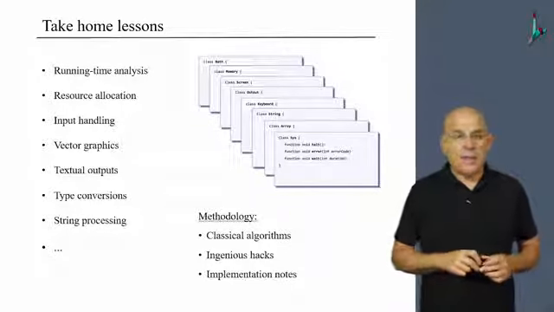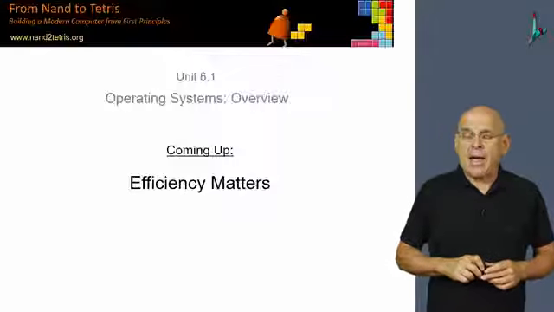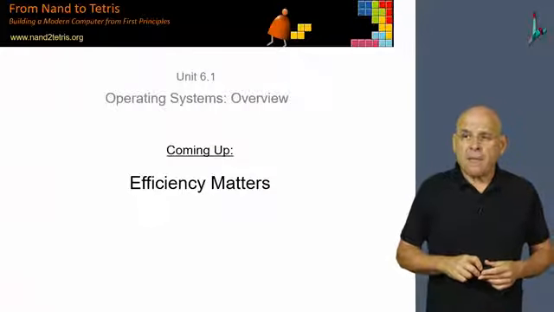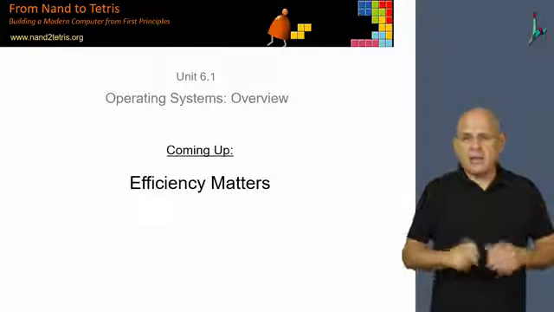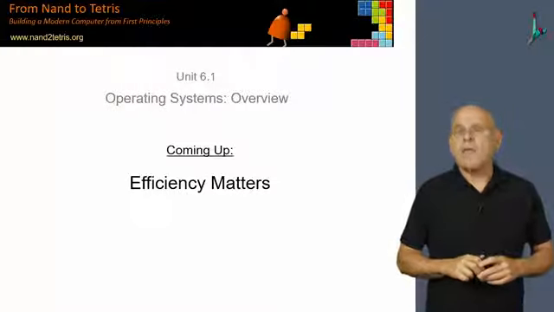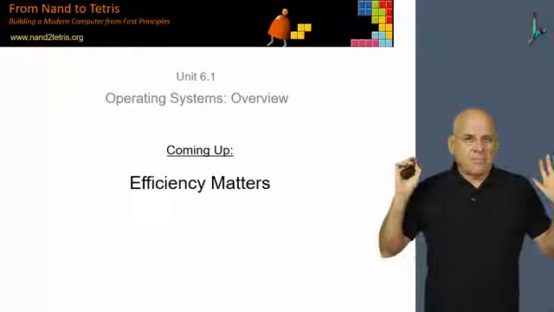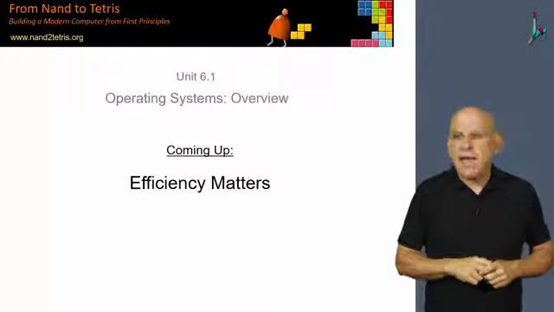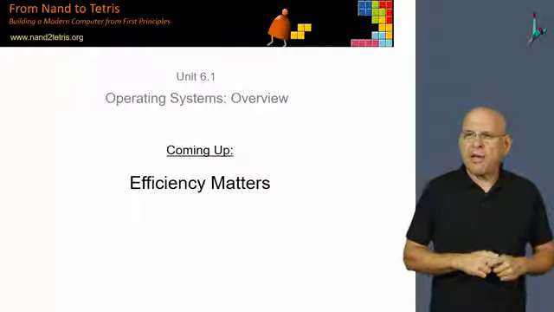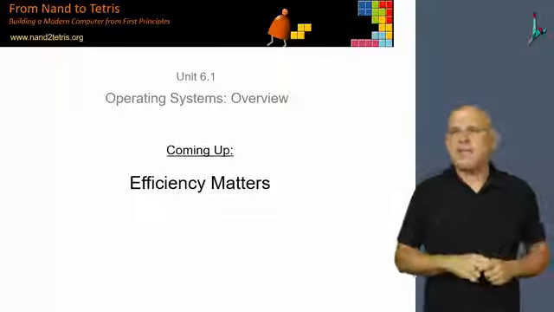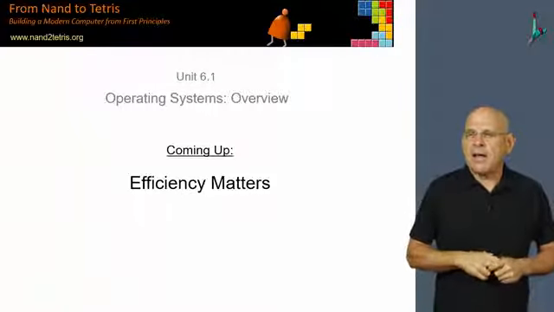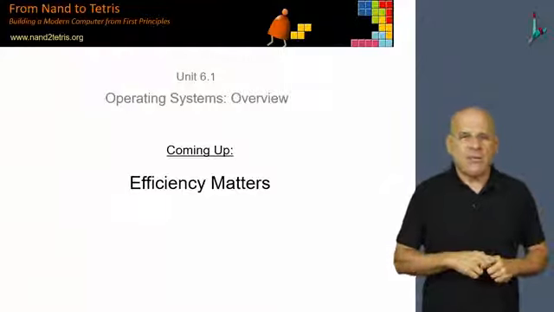So that's the plan. And before we end this unit, I'd like to say just a few words about efficiency. So far in this course, we allowed ourselves to be kind of blasé, I think is the right word, and slack about efficiency.